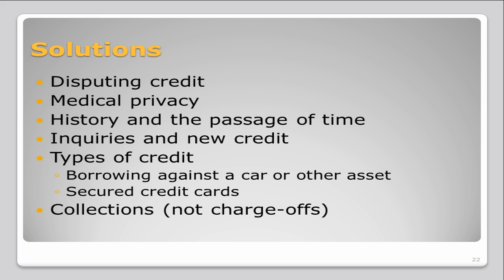Now, on medical collections, this is a hot button right now because a lot of people find that they have a $50 medical collection and don't understand why it dropped their credit score 100 points. Remember back earlier I said that lenders and credit scores, credit reports, none of that will show how much you earn and what your assets are.